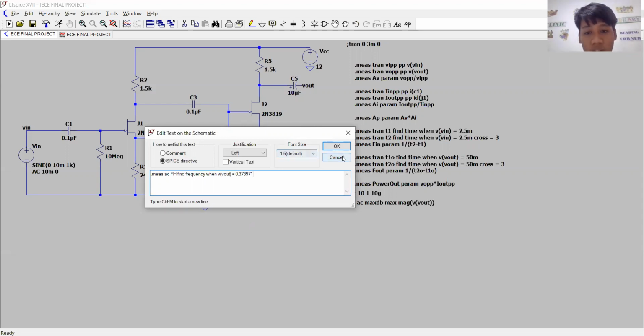You might be thinking, where did these values come from? After finishing the commands, I will explain it.